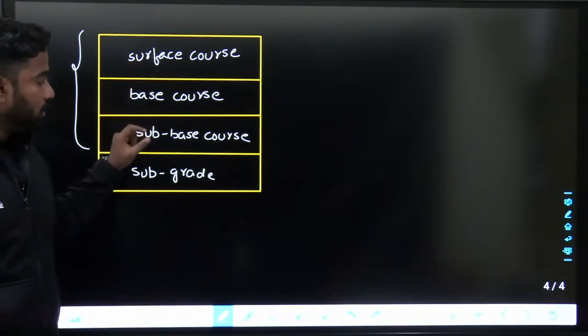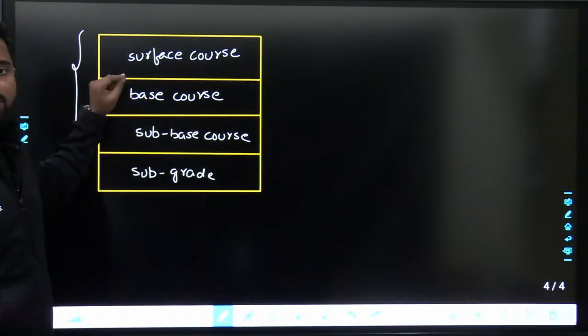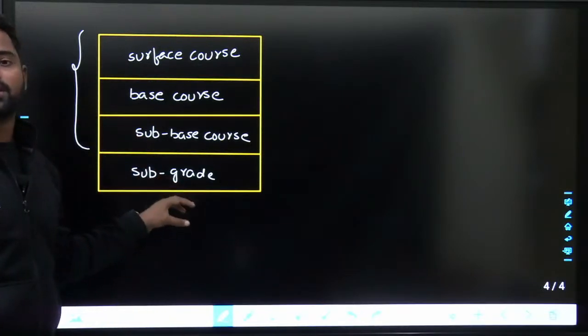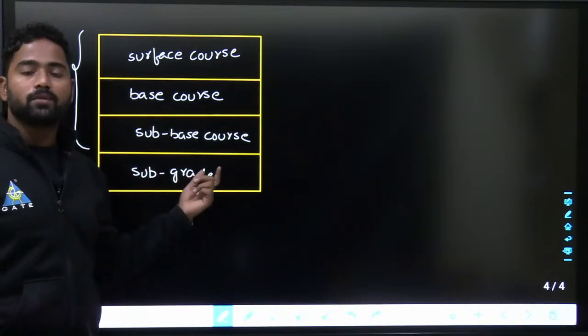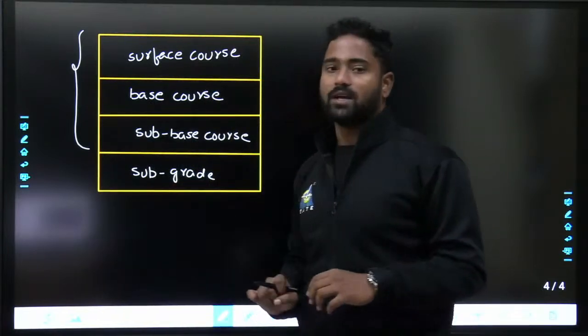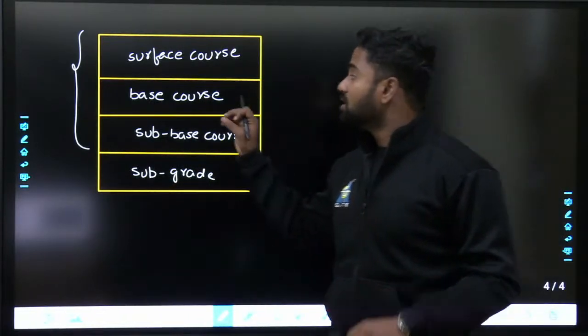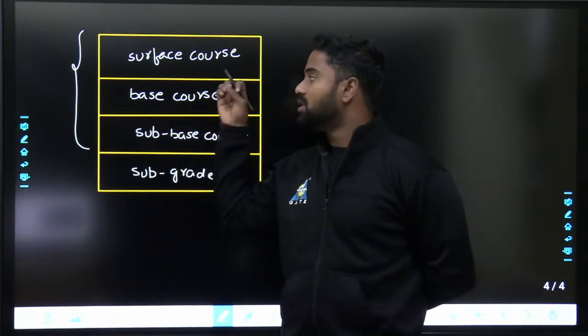Are you getting it? The thickness of the layers above depends upon the group index of the subgrade. Fine. That means based on group index of subgrade, let us say we are providing 20 centimeters or 30 centimeters thickness. The road thickness is 30 centimeters. It does not consider whether you are providing marbles, bitumen, coarse aggregates, or fine aggregates, whatever material you are providing.